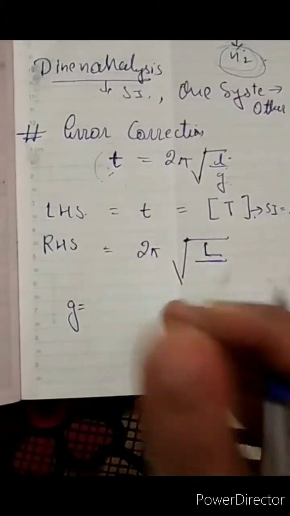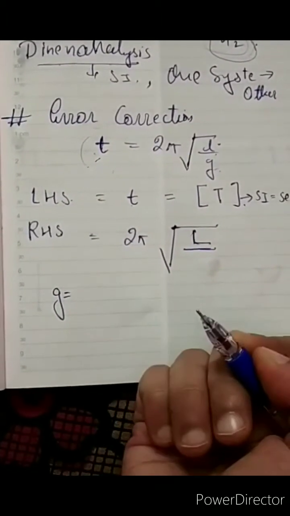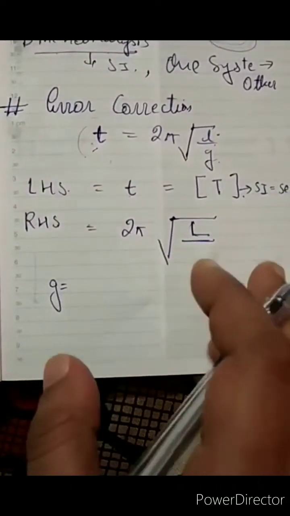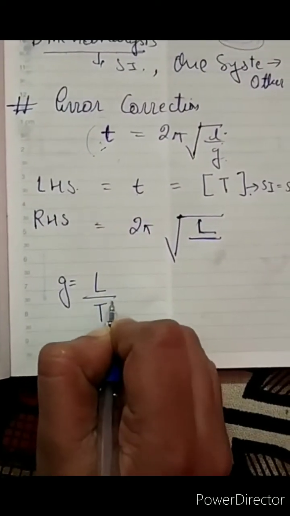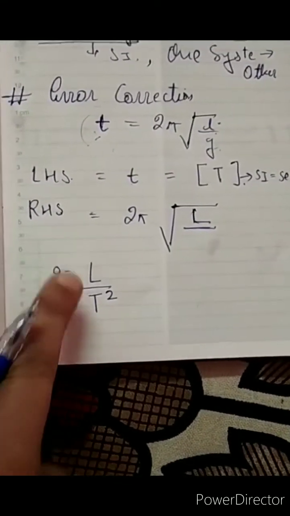It means it is acceleration. We know that acceleration is velocity upon time. Since acceleration due to gravity is a constant but is still an acceleration, it has the same dimensional formula, L upon T squared. I am right, L upon T squared.